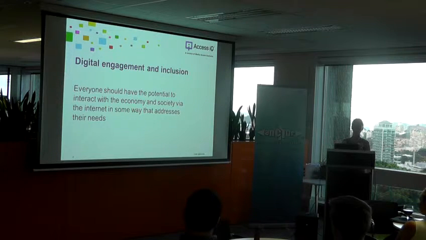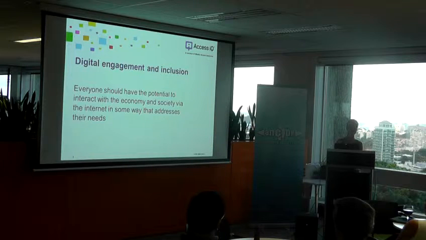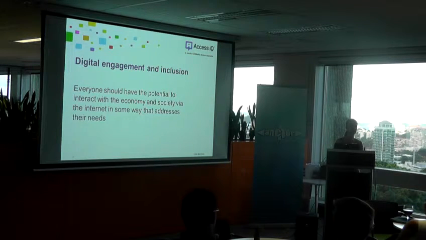It's an extension of, I guess, social inclusion, which people might have heard about, but it's basically around the fact that everyone should have the potential to interact with the economy and society. We were talking just before around the right that seems to exist in Australia, if not the world these days, where having access to the internet can be seen as a human right.